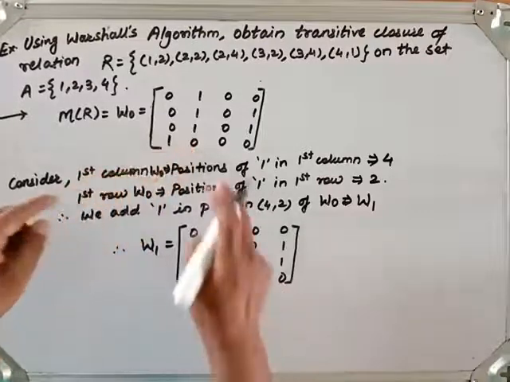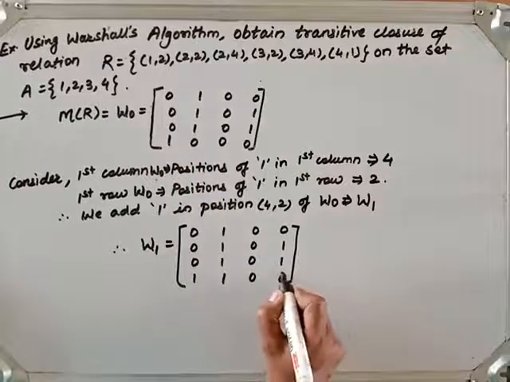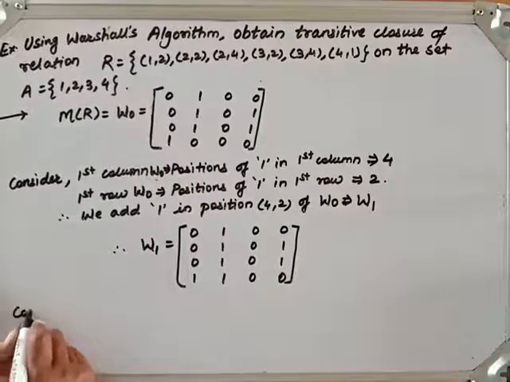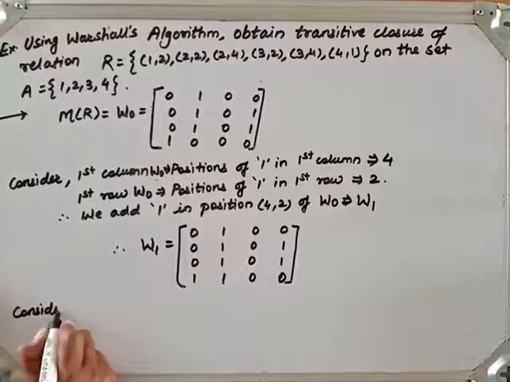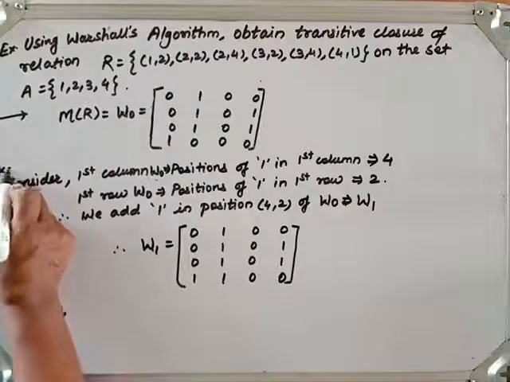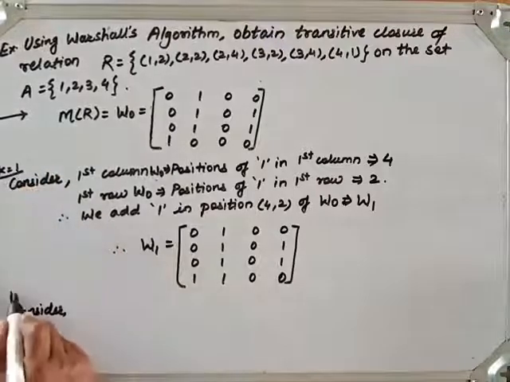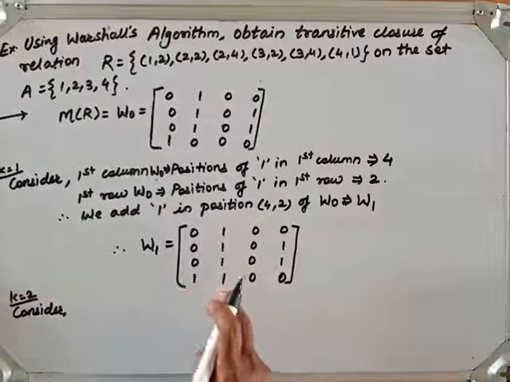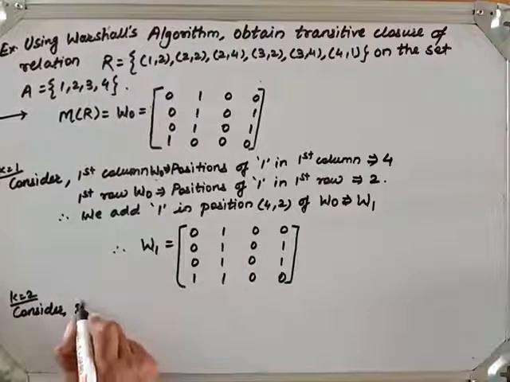Look, these are different now. Now we are working on this. Now K is equal to 2, whereas for the previous step K was equal to 1. So consider the second column.